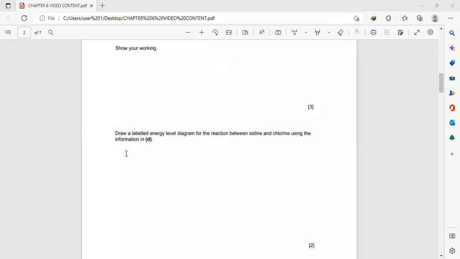The diagram shows an exothermic reaction, so you want to mention the exothermic reaction diagram. The reactant on the top side and product on the lower side. At the same time, you want to mention activation energy also.